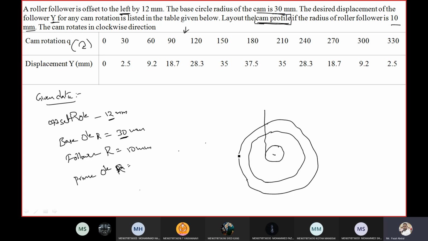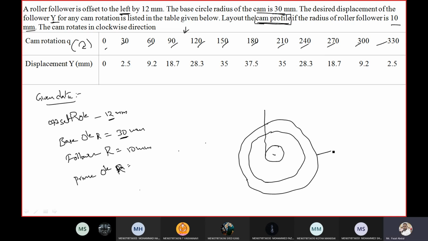Now after that, divide this prime circle into a number of parts. How many parts do we need to divide it into? Go to the displacement table. Here, how many parts are given? 1, 2, 3, 4, 5, 6, 7, 8. So divide this prime circle.